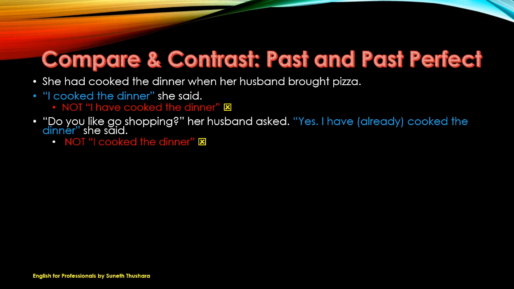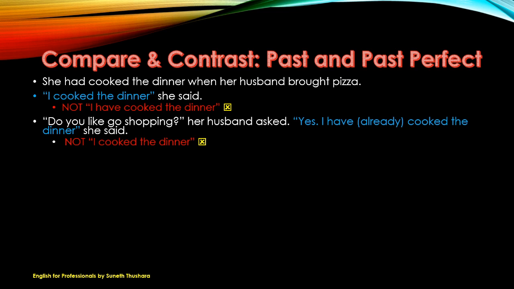So what's wrong when you say I have cooked the dinner? The wrong grammatical pattern here is because she is telling something like, so I have cooked the dinner, so I am going out, because you have to do something else when you are using the perfect tense.